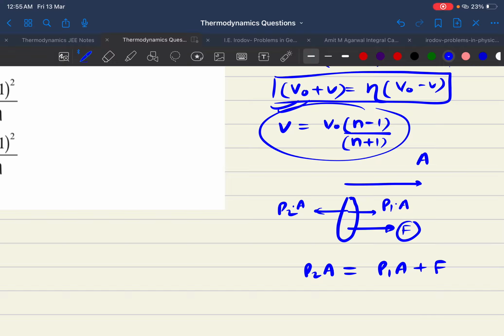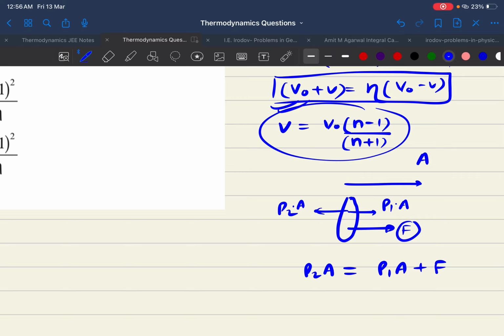So the concept here is, whenever you get a question like this, where the piston is being moved slightly, slowly, and you calculate the work done by the external agent, the key point is, always try to calculate the external force, balance the force, and try to write the expression of force in terms of pressure, which is given in the question.